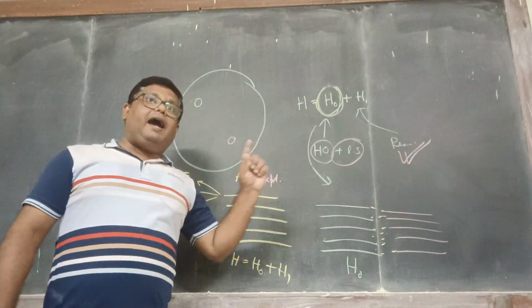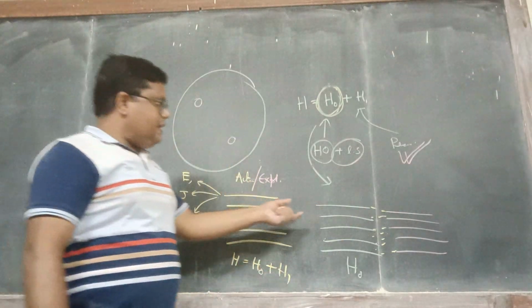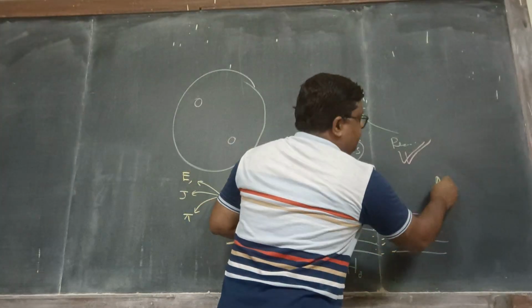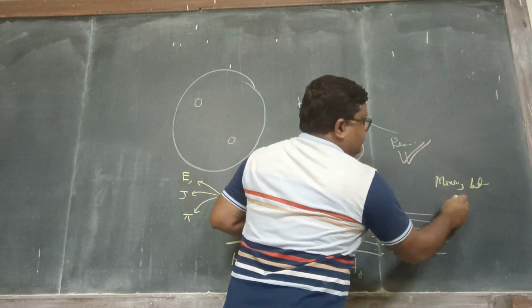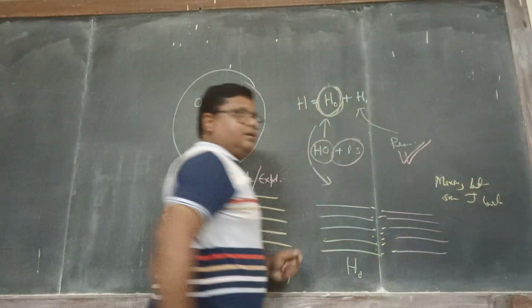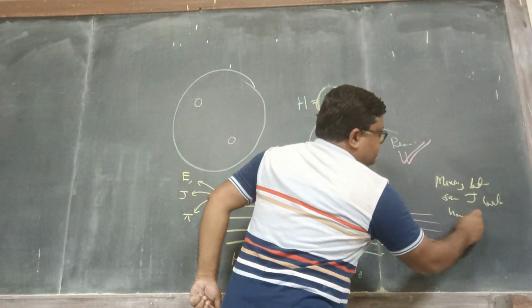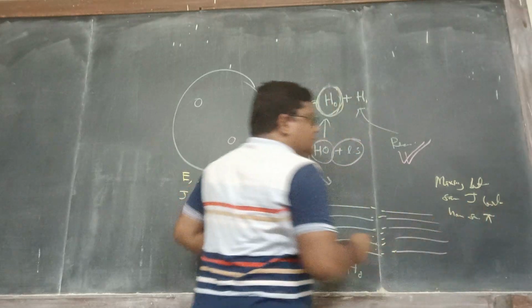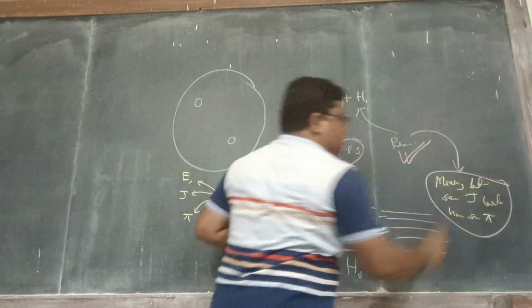Now, what is the guiding factor to find the new energy levels? The first thing is that there will be mixing between same J levels having same parity, and this is the result of this residual interaction.